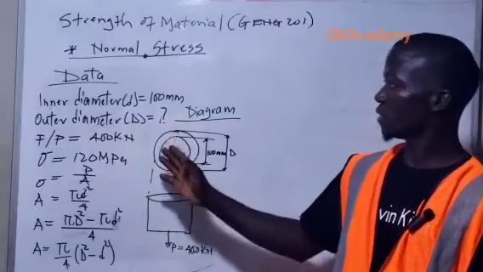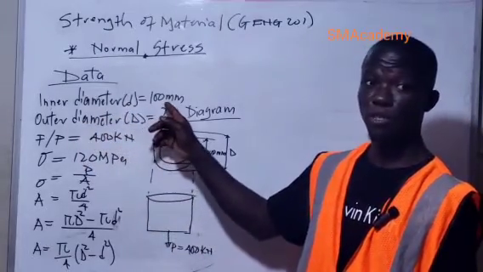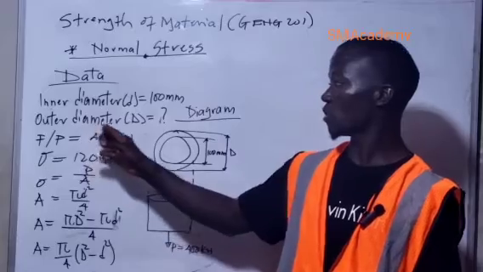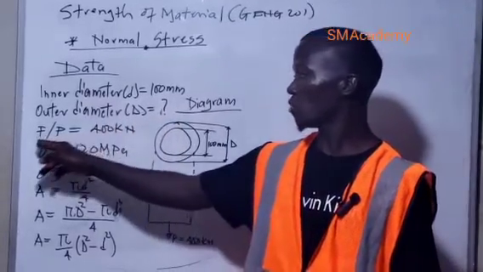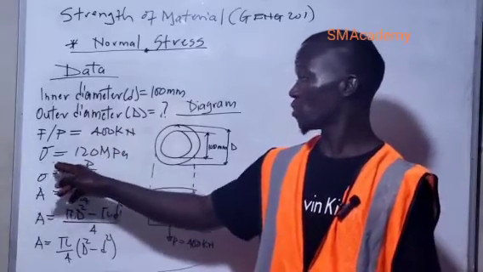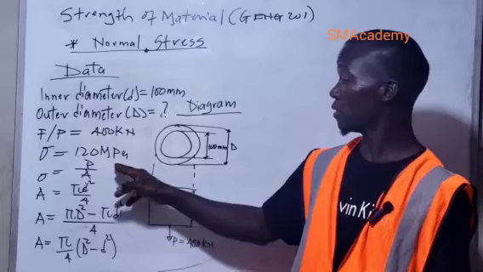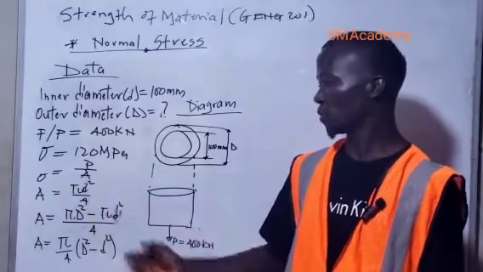So this is the data. We have the inner diameter given as 100 millimeter. The outer diameter D, with question mark, we have to find it. The force is equal to 400 kilonewton, and the stress is equal to 120 megapascal. We know that stress is equal to force over area.